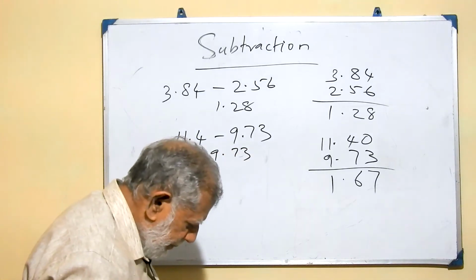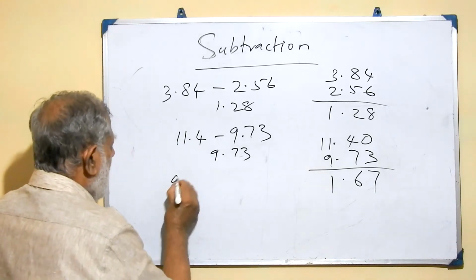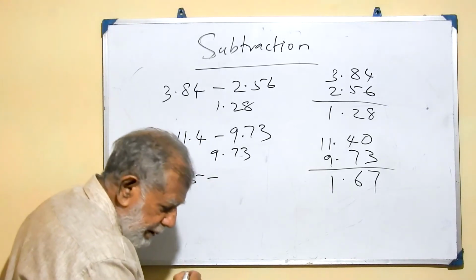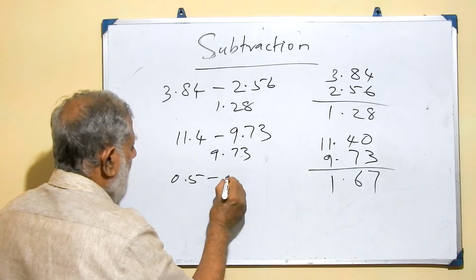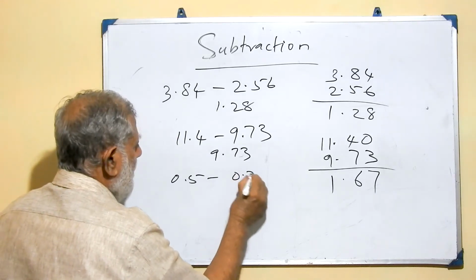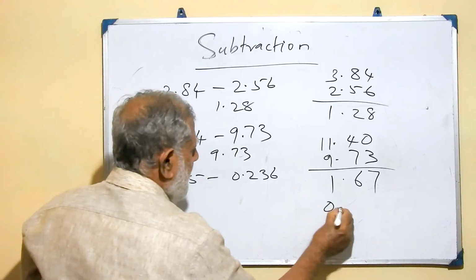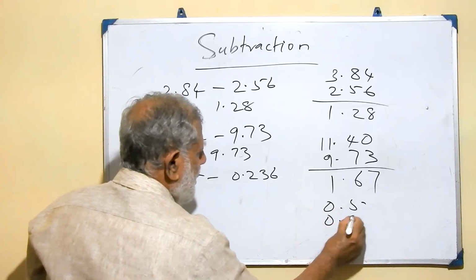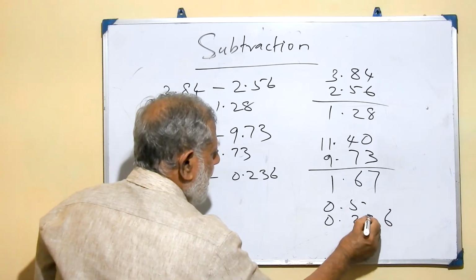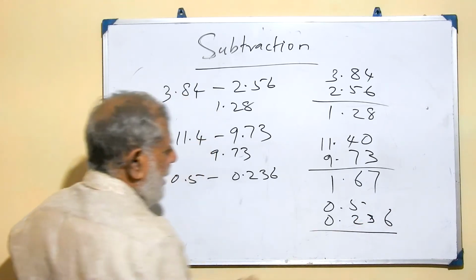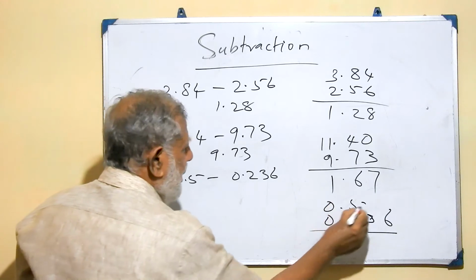We'll take another one. 0.5 take away 0.236. So here again we have 5, but we have to put zeros here.